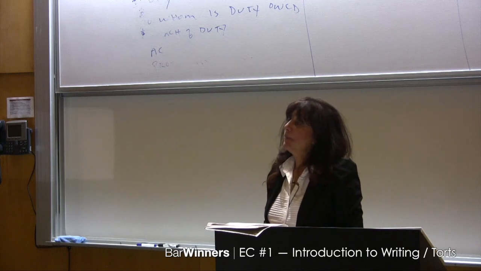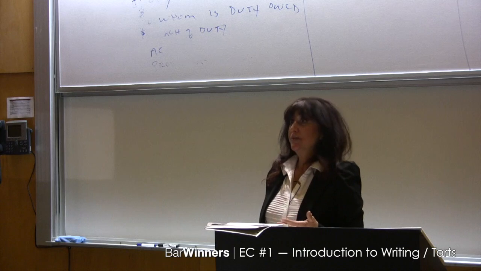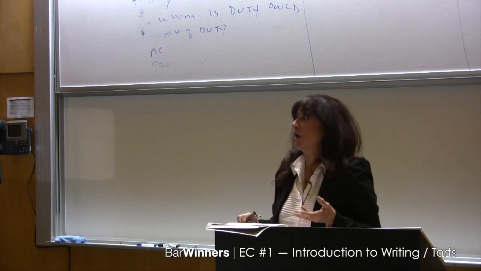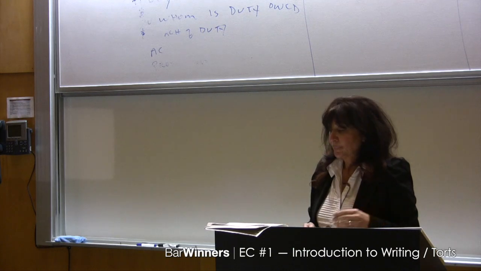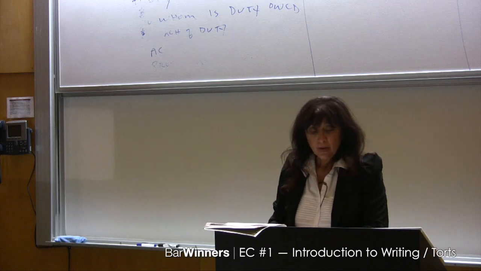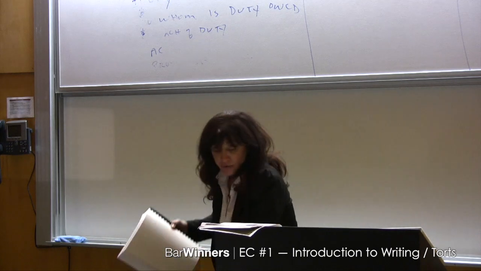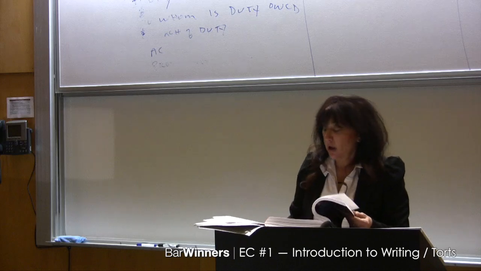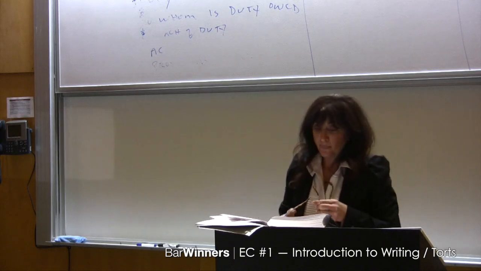If you want the BarWinners cut sheet of this particular question, you can log into Moodle and get it. All right. So let me open my own question and answer book. And we're going to do this, all of us are going to do this together.